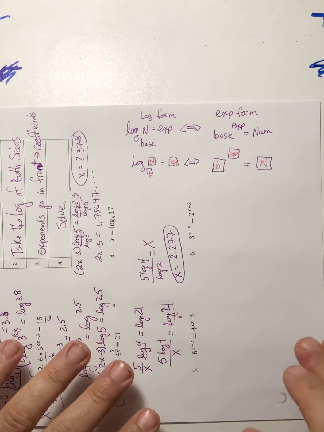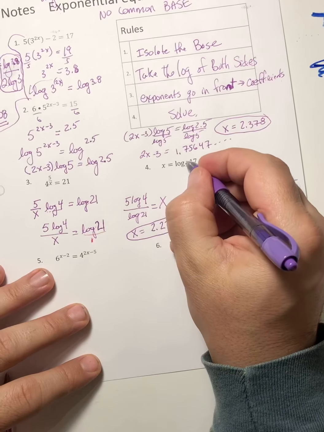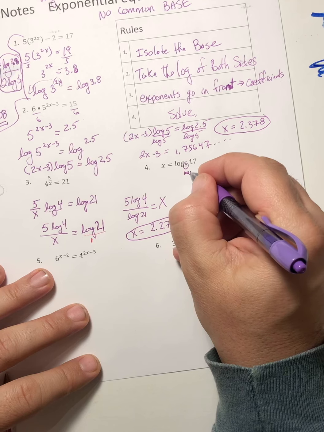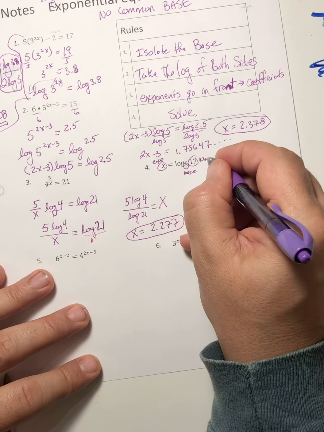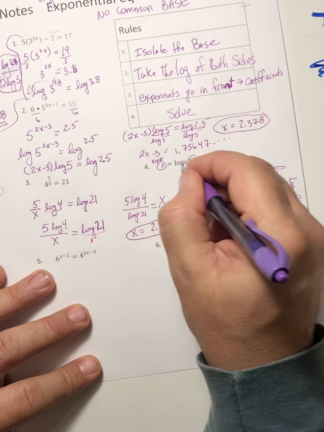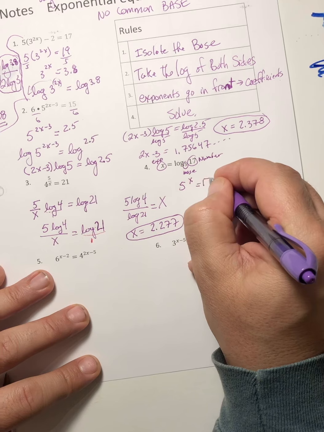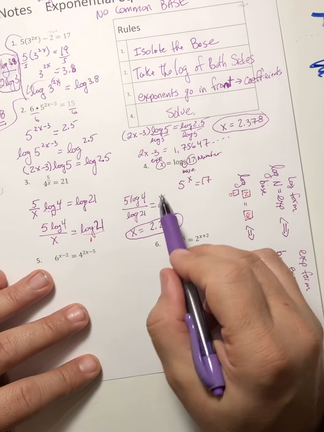So, what does that mean? Here's the base. Here's the exponent. Here's the number. So 5 to the power of x equals 17. That's right.